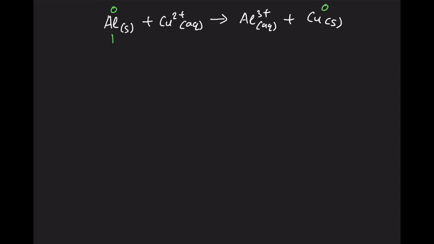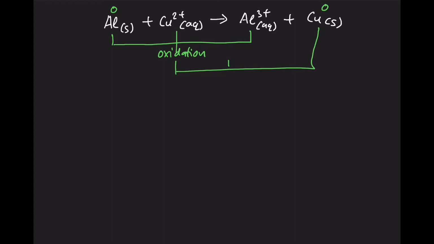Therefore, we can say that Al undergoes oxidation, meanwhile Cu undergoes reduction. Furthermore, we say that Al is a reducing agent and Cu2+ is an oxidizing agent as itself undergoes reduction reaction.